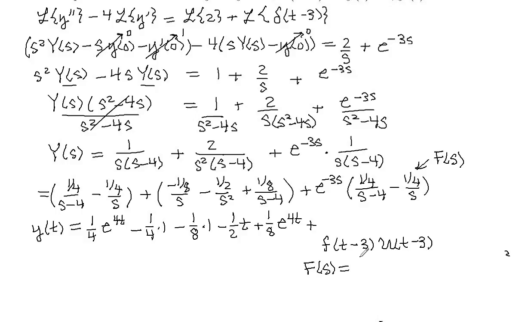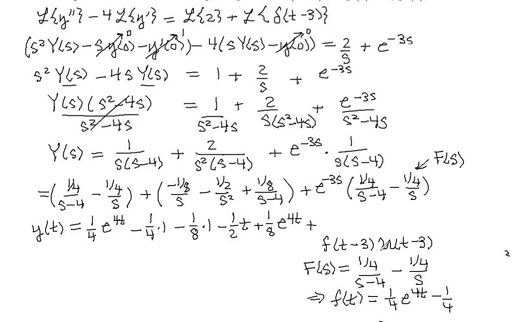So cap F of s is equal to 1/4 over s minus 4 minus 1/4 over s. So then that tells us that little f of t is, well, we already did that. We did that right here. That's 1/4 e to the 4t minus 1/4.